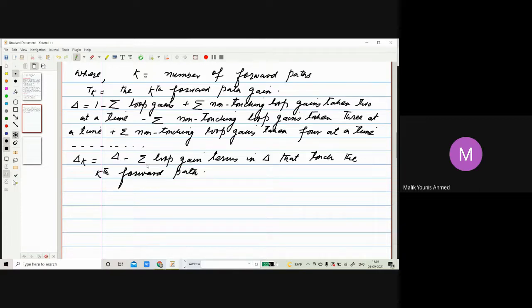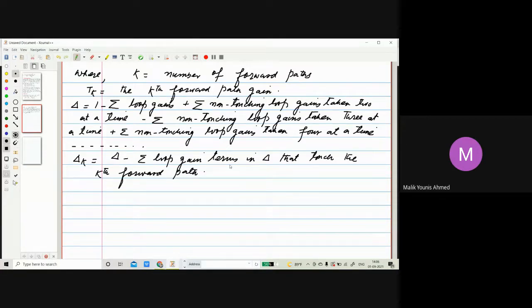That means you have to take the value of delta, and from that value you have to subtract the summation of all those loop gains that are touching that kth forward path. Suppose something is touching that kth forward path, that will not be taken, that has to be subtracted. Only the rest we don't have to touch.